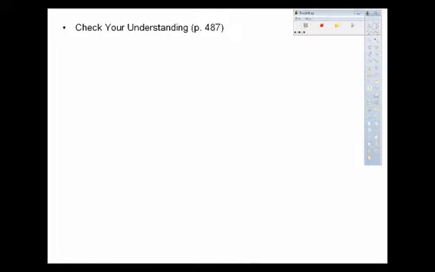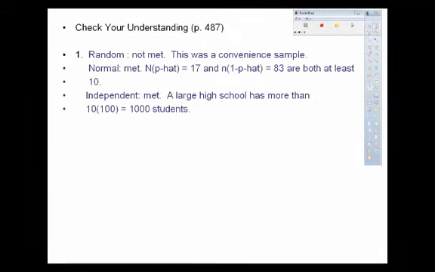Only 17 students said yes. All right, well, let's check. Random? Nah, it's not random. This is a convenience sample. More than likely, the people that got up that early in the morning and arrived there first probably didn't get as much sleep as somebody that slept in. All right?